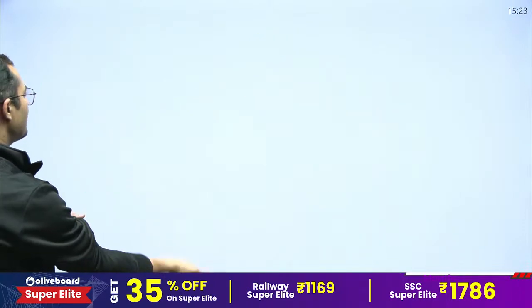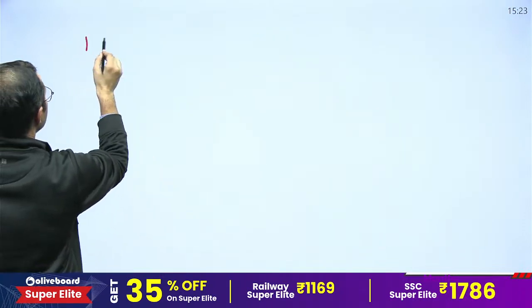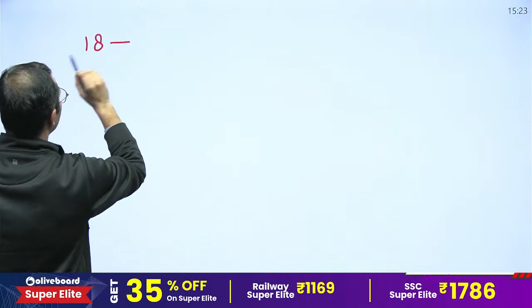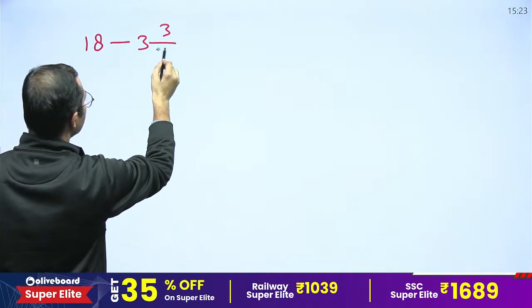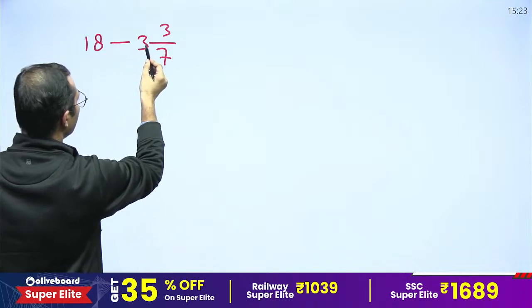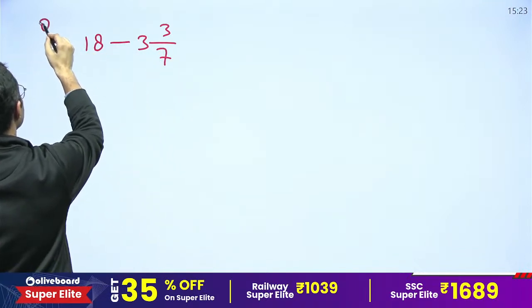See, if I say that you have to subtract 3 whole 3 by 7, right? 18 minus 3 whole 3 by 7. Just do this.